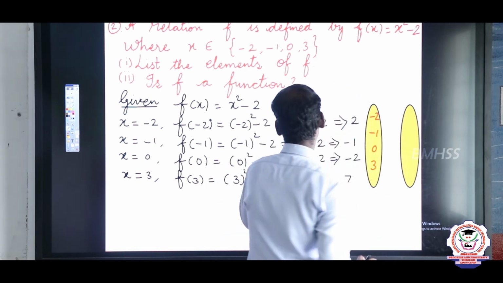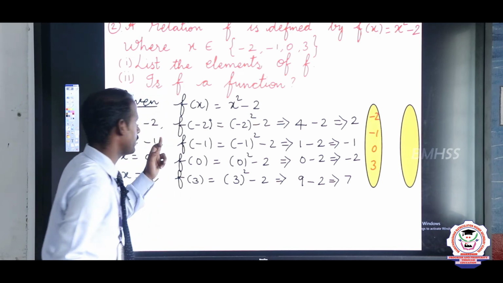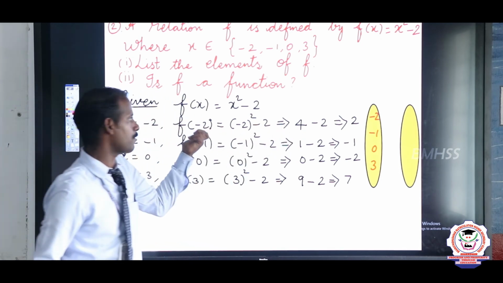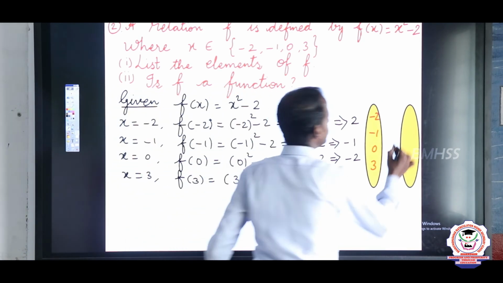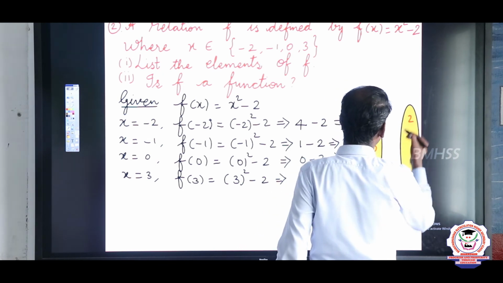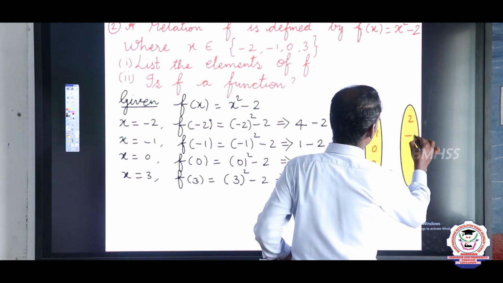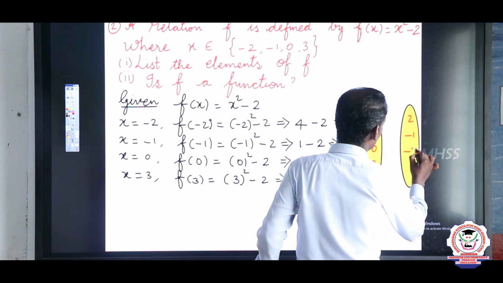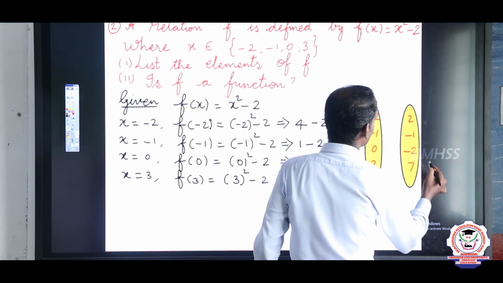Then f of x for x equal to minus 2 means f of minus 2, that is 2. Then for the second, minus 1. Third one is minus 2. Fourth one is 7.